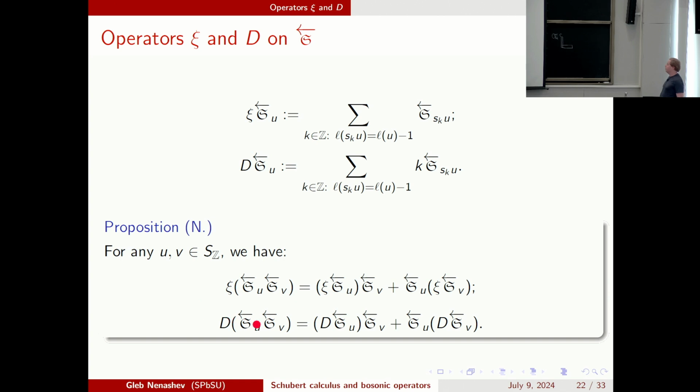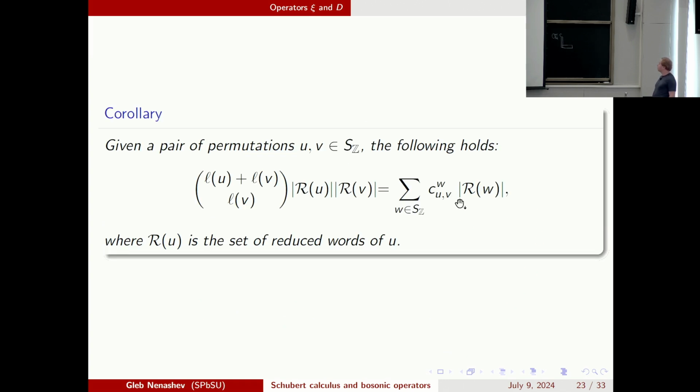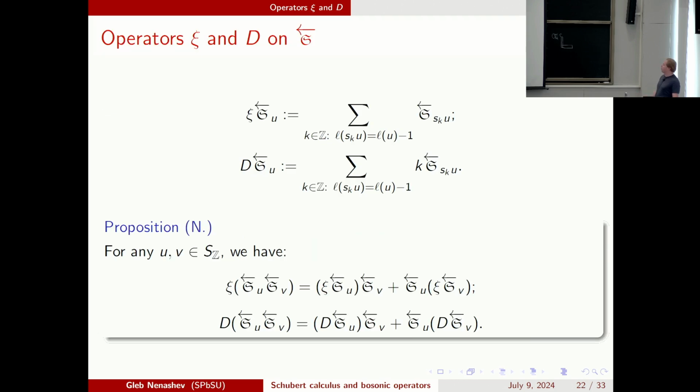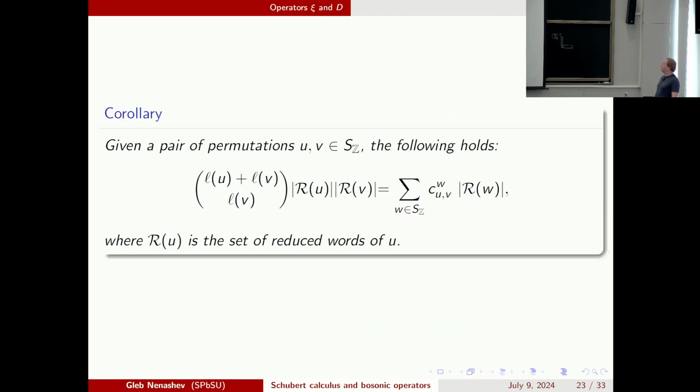It satisfies the Leibniz rule. And what is true for backstable Schubert polynomials and not true for Schubert polynomials is this equality, where Ru is the number of reduced words. We need to apply the operator Xi a lot of times and we will get this equality.